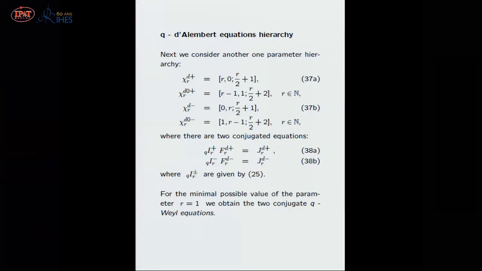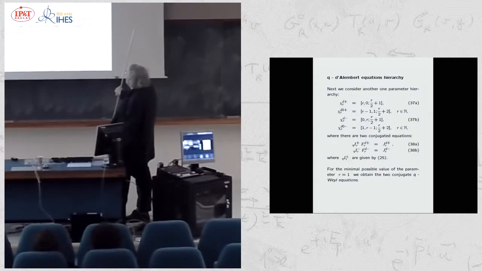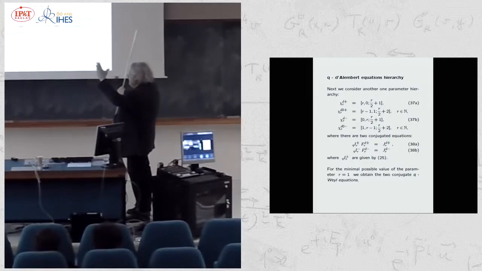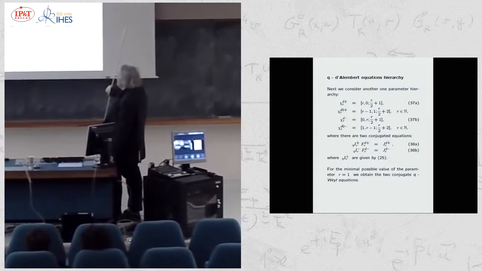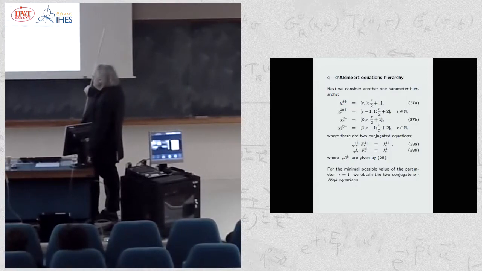Some other examples: q-d'Alembert equations. Now we have this also one-parameter hierarchy which fits the overall sextet, but I choose only four representations in order to mimic the representations of the Maxwell.